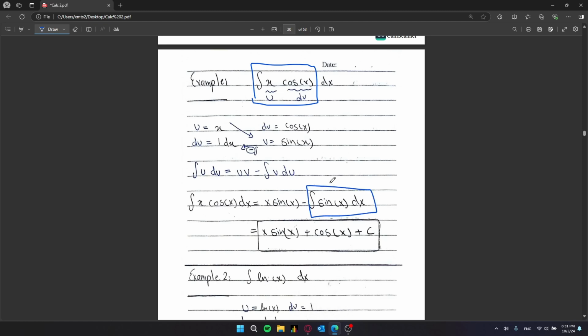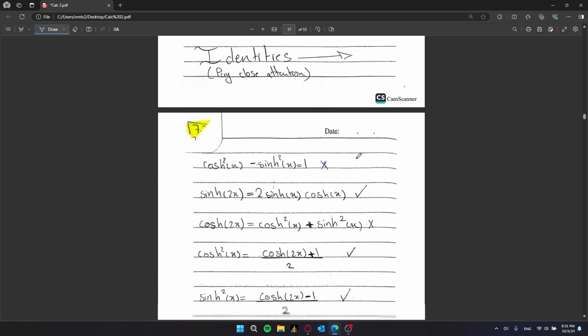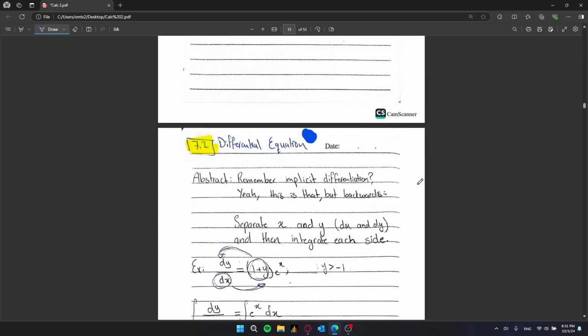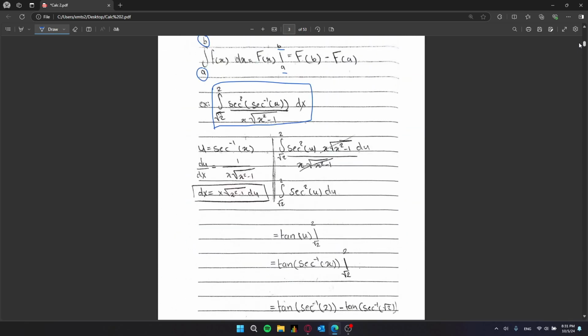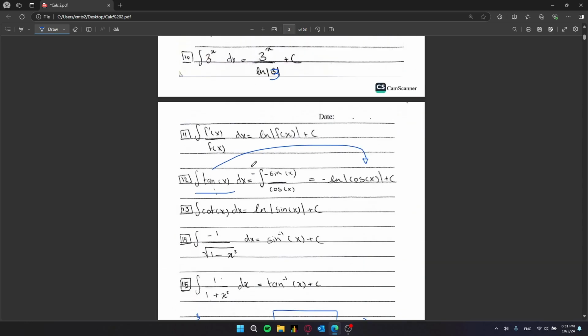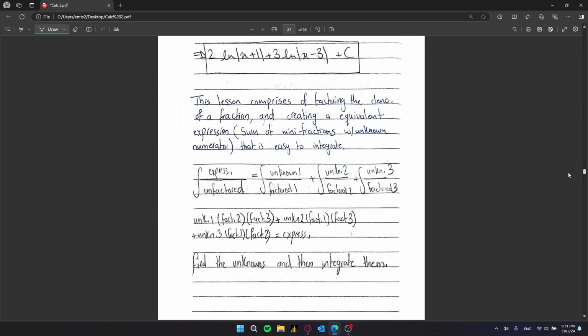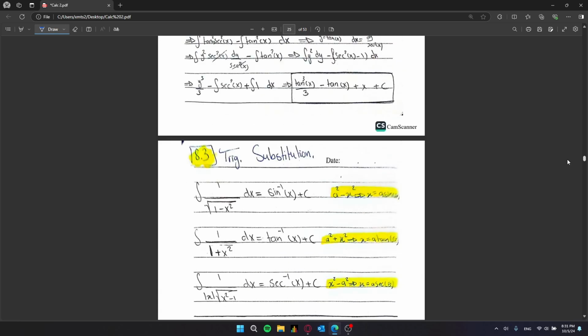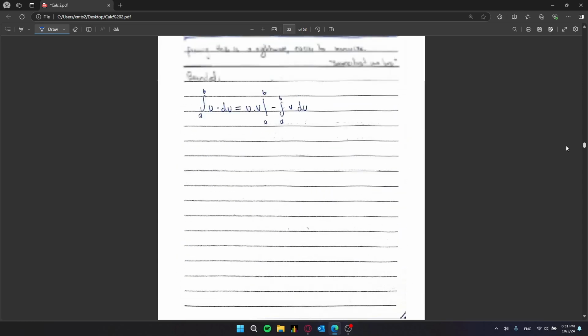This was one of the rules mentioned previously in 5.5. Let's go up quickly. In 5.5, the integration of sine of x is minus cosine of x. So if we go back down to, sorry, where were we? 8.1, yes.